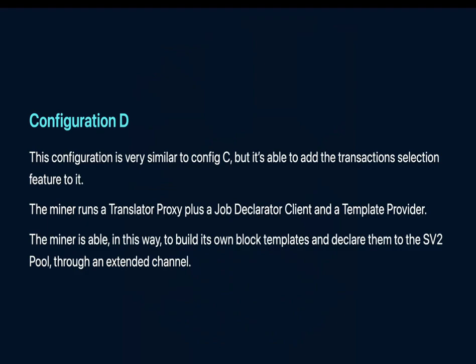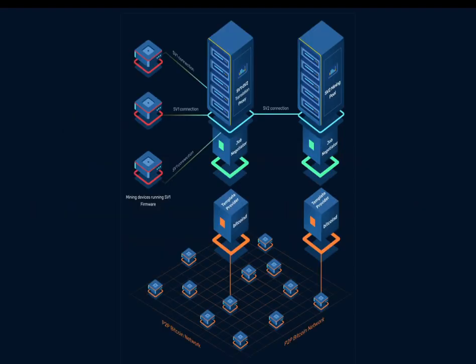Finally, configuration D, very similar to configuration C, but we just add the template provider to the miner side. So the miner runs the translator proxy plus a job declarator client, and the pool has a job declarator server. So the miner is able to build their own block templates. So here's a visual representation.